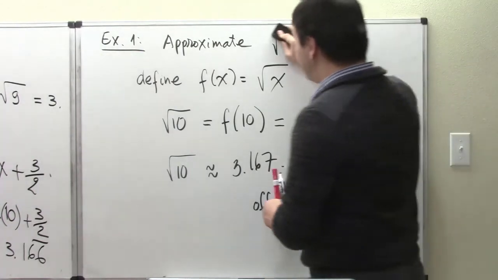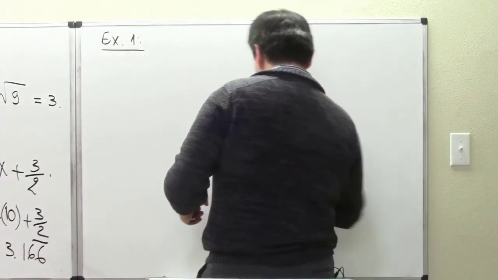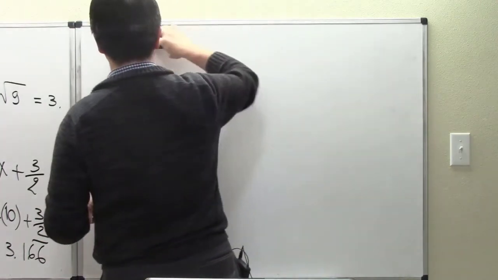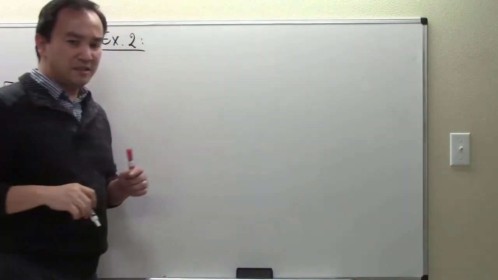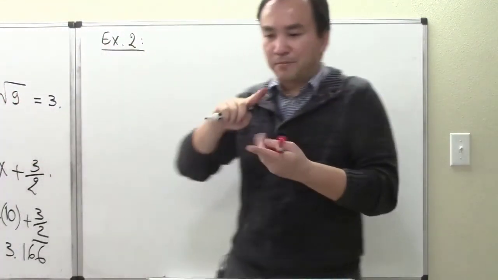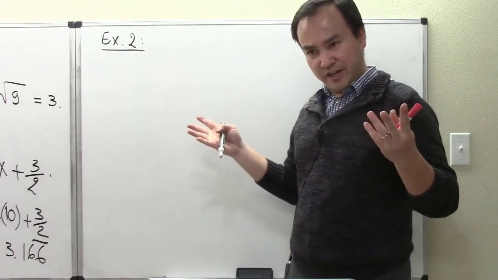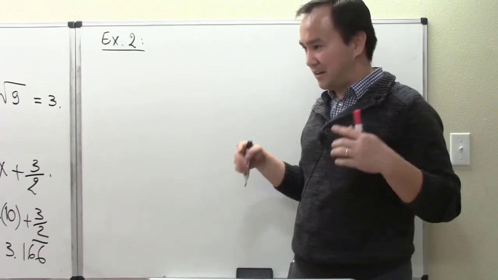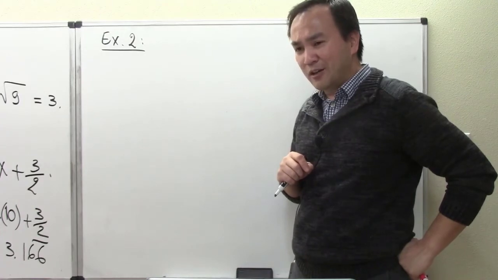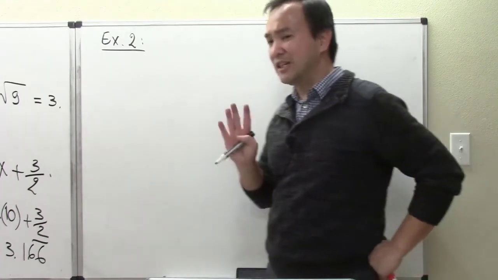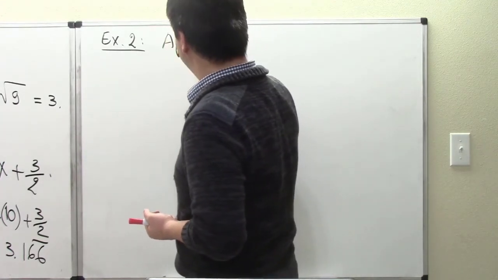So, in example 2, I've been staying with square root problems, including the introduction problem and example 1 just now. So you might formulate in your mind that this technique is only good on the square root function. Not really. It's good on any function.